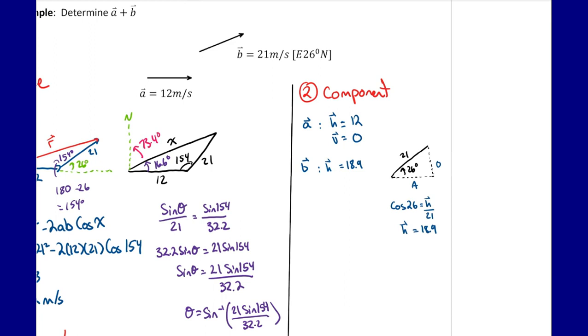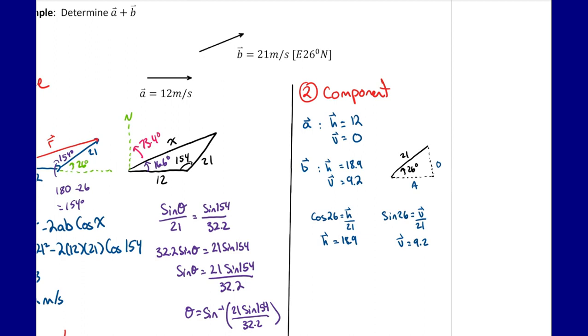Then the vertical component would be sine. So sine 26 is equal to the vertical component, or the opposite, over 21. Bring the 21 up. 21 times sine 26 is equal to 9.2. So that is my vertical component.